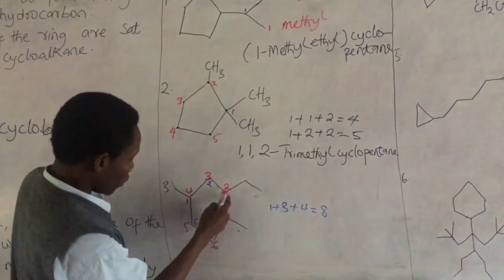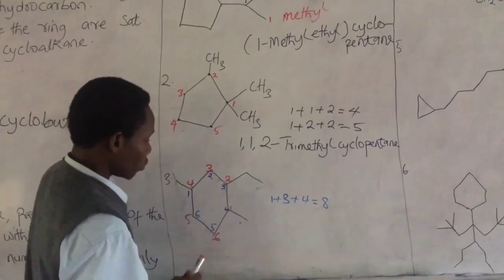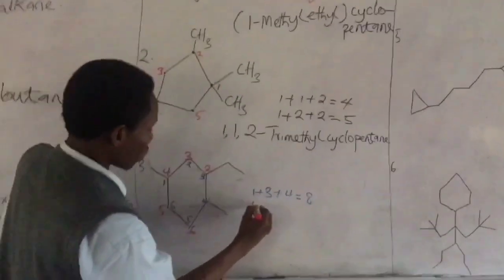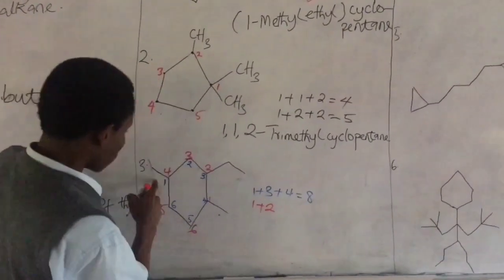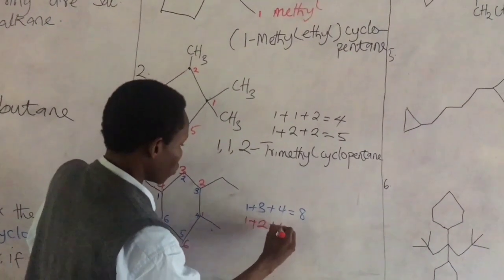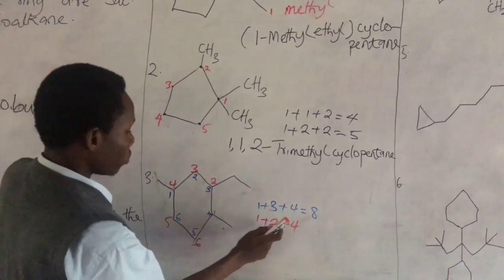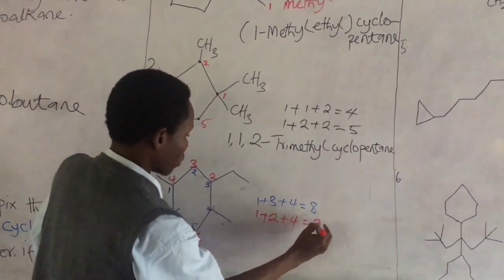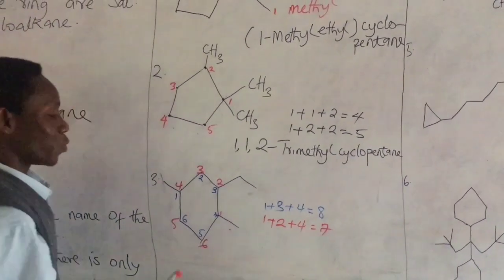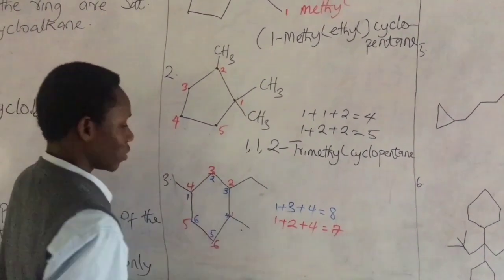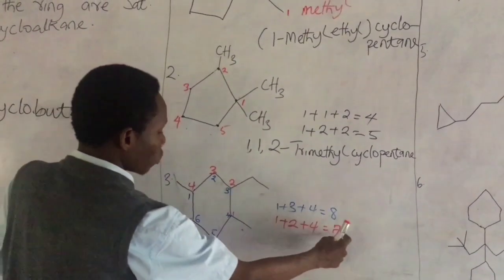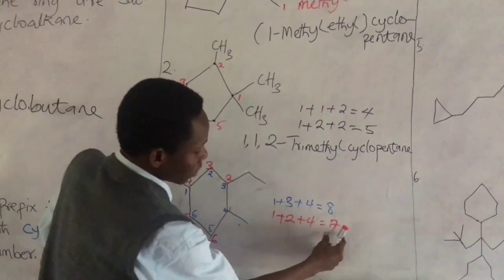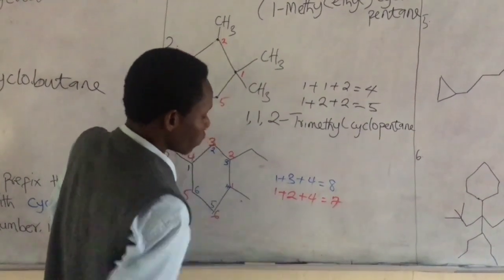If we are numbering this way, the first substituent will be on carbon 1, the second substituent will be on carbon 2, and the last substituent will be on carbon 4. 1 plus 2, 3. 3 plus 4, we have 7. So we are going for the red, because 8 is greater than 7. But our interest is in the lower number, which is 7.